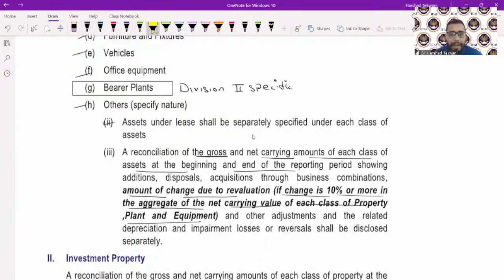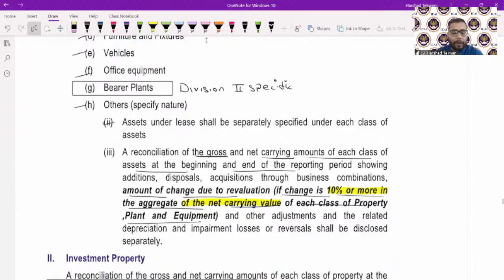So here the words are 10% or more of the net carrying value. Remember, for each class of plant property and equipment, you need to show that change due to revaluation. I hope I am clear. Okay, so this is how your portion of plant property and equipment looks like.